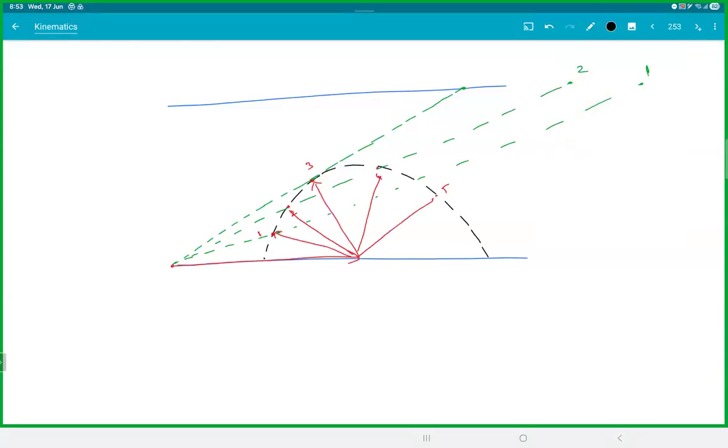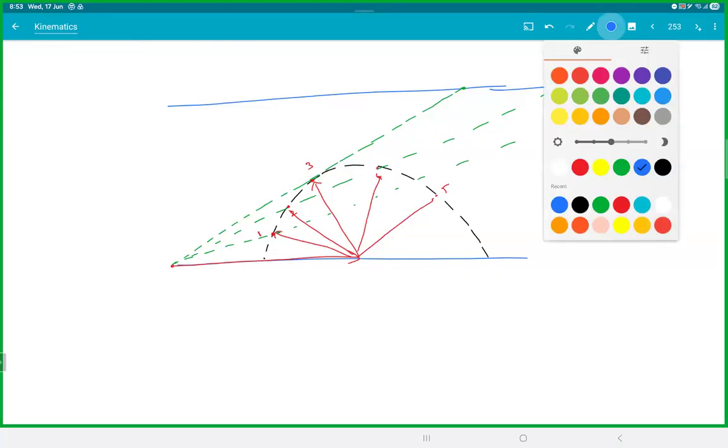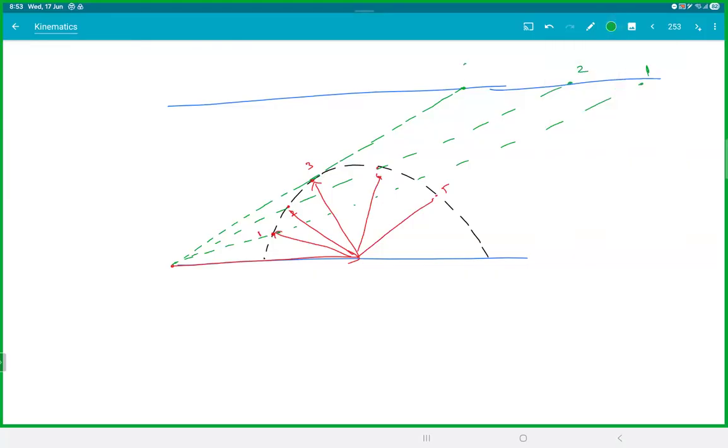See, you're getting closer to the minimum drift. If you take vector 3, you will reach here. If you take vector 4, you will again start going back. If you take vector 5, again you start going back. Are you getting what is happening? So the minimum drift will occur when the resultant vector becomes a tangent to the circle.